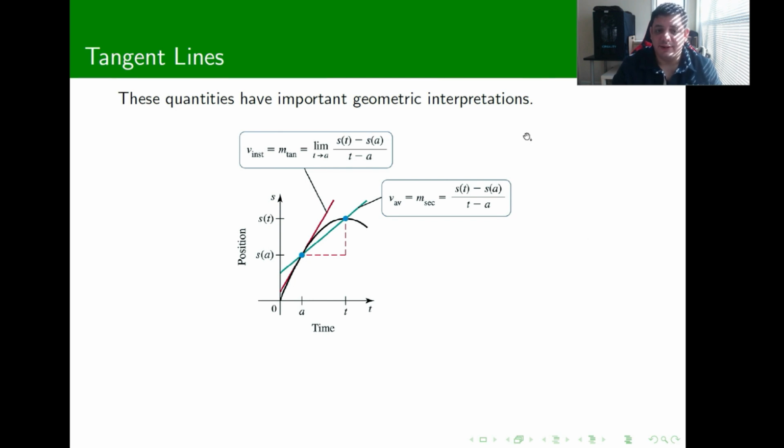Now, these quantities have important geometric interpretations. As you can see, we're transitioning from the average velocity, given by taking two points and calculating the slope of the secant line, and this gives me the average velocity.